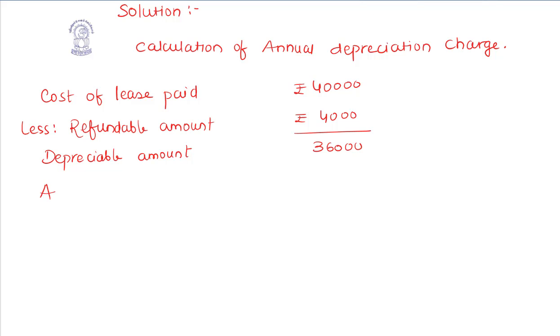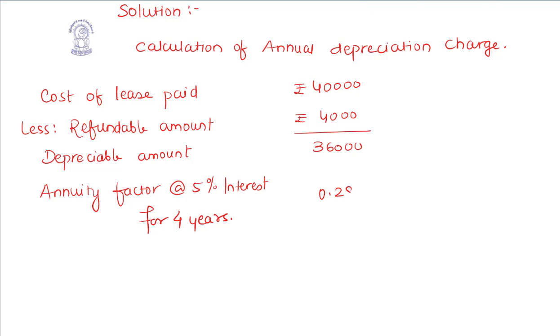Annuity factor is given in the question at the rate 5% interest for 4 years, which is 0.2820.